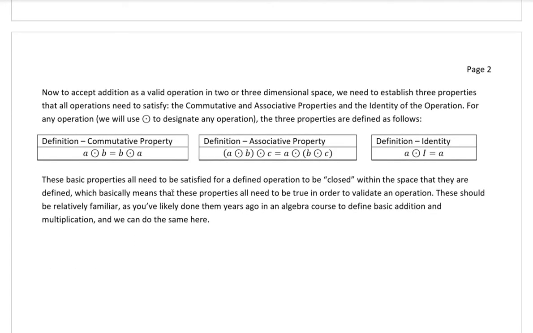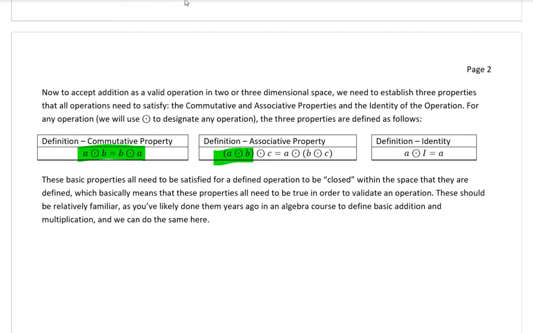To close any operation you have, there are a few different properties you want to work with. First, you have the commutative property, which means A with that operation, I'm going to use that circle with a dot to indicate any operation, is going to be equal to those same variables just flipped. So A dot B equals B dot A. Same thing with the associative property you may be familiar with.